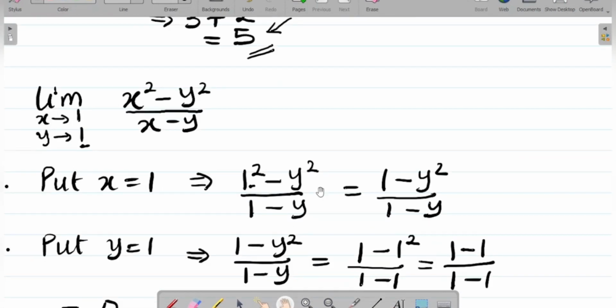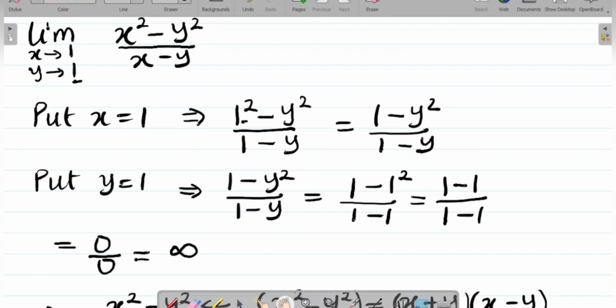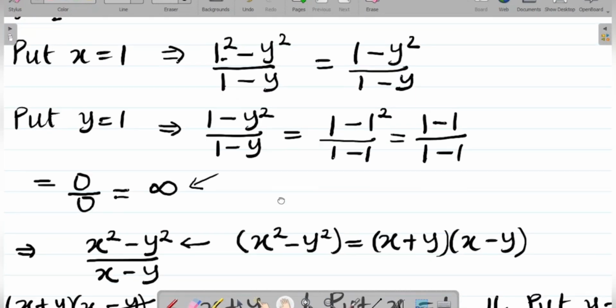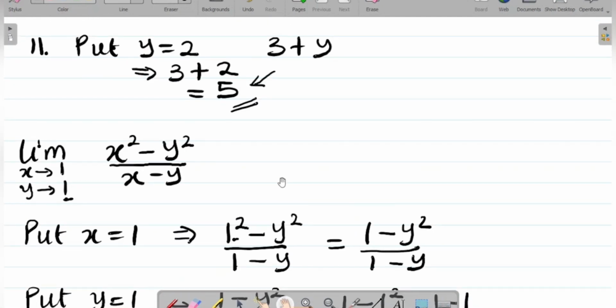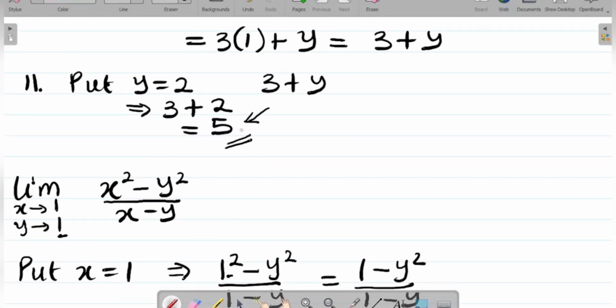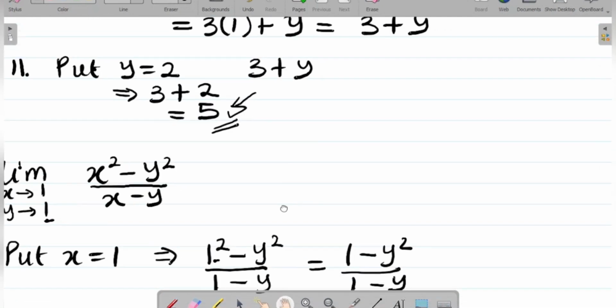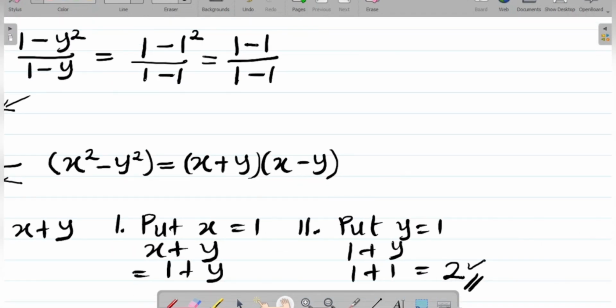But if I do a direct substitution and I have an undefined term like this, such that I'll now have to use other mathematical concepts such as difference of two squares or difference of two cubes to solve, then we can say it is an undefined function. But whichever way, we can see that a limit exists. For the first question, the limit is plus 5. For the second question, the limit is plus 2. All right, so this is how we solve this question.